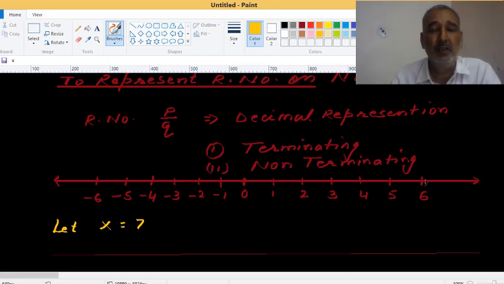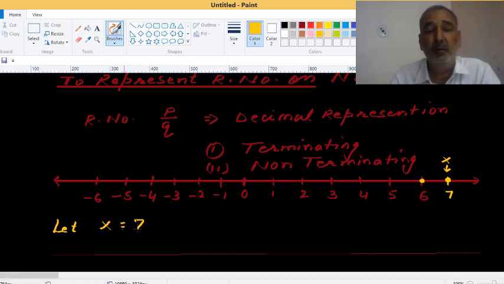We have to move one step towards the right from 6, and here we can locate this number 7. Our required number is this. This is the case of representation of an integer.